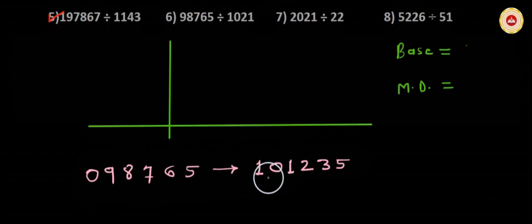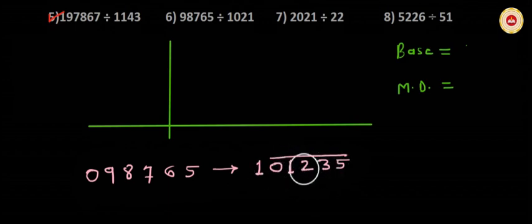So 1,01,235 with these digits negative. When you apply Nikhilam Sutra to these bigger digits, give negative sign to those digits. So this is vinculum number, a combination of negative and positive digits. Now friends, this is our new dividend.